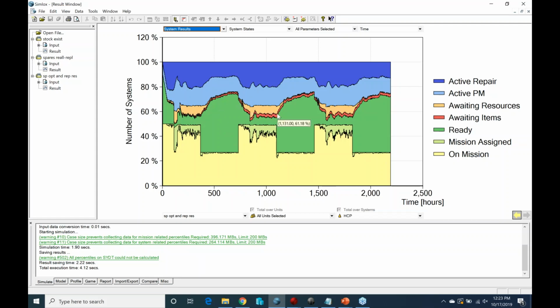So now it's time to think about something else, right? We could add some more people, but it's not going to help a lot and would probably be really expensive. We're way up the curve already from a spare parts perspective, kind of well past the knee in the curve, so to speak. And so we have almost 35% of our systems down for scheduled and unscheduled maintenance.